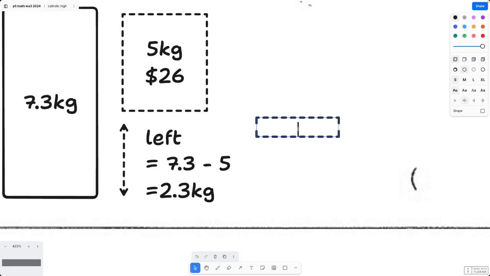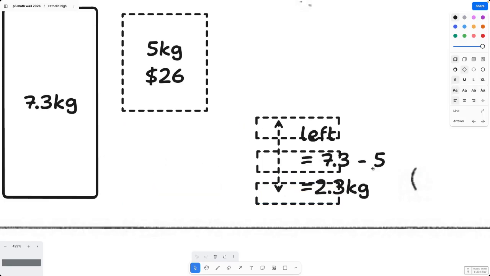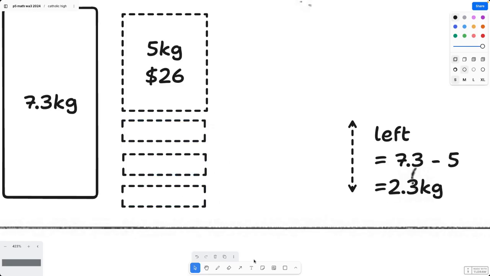We have 2.3. If I put in 1 kilogram blocks, this is 1 kilogram, and then this is another kilogram, and there's one more as well. Essentially, we need to put in 3 blocks. Why? Let me put text here.